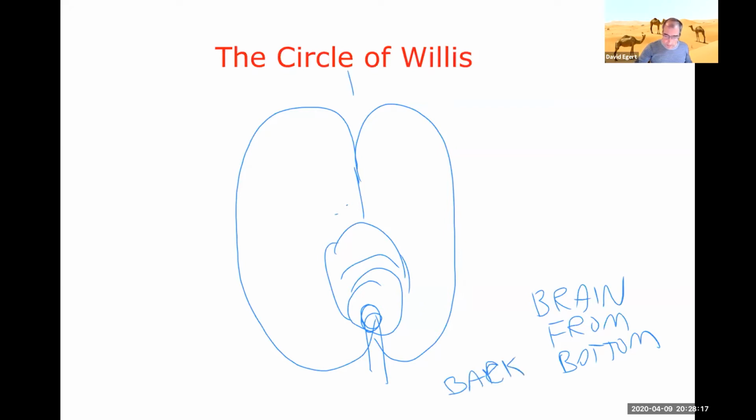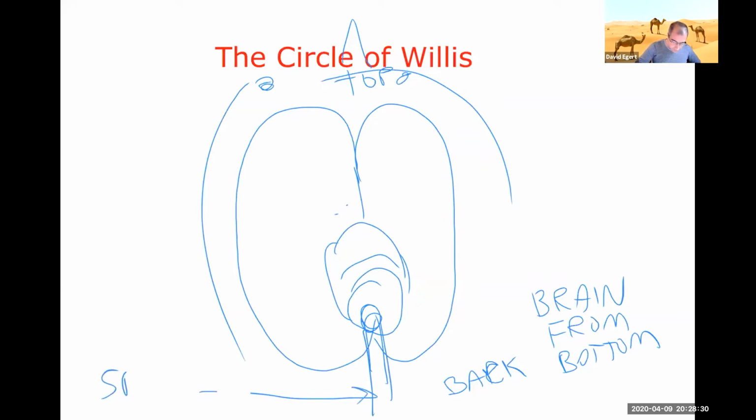This is the top, but your nose and your eyes would be up there. This is like the spinal cord here. The circle of Willis is going to have the main arteries that we've already talked about supplying the brain, and then things that interconnect them.